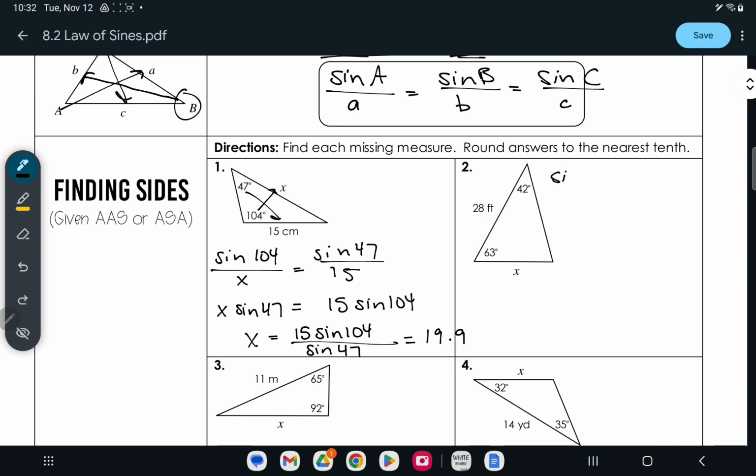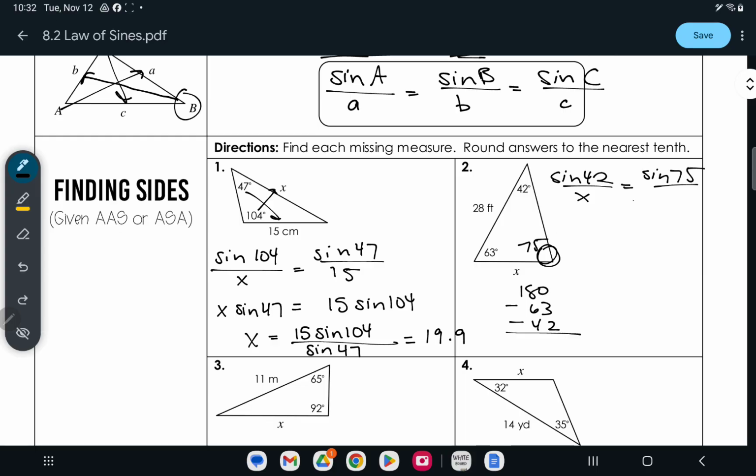Let's try this one. So sine of 42 over x. And I don't have this angle here, but I can find it because 180 minus 63 minus 42 gives me 75.